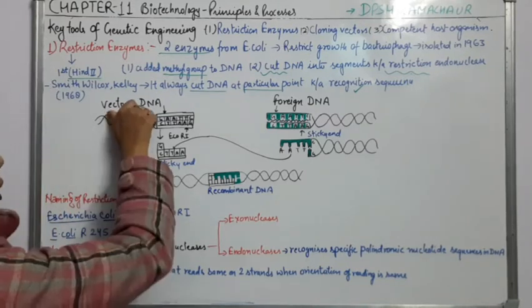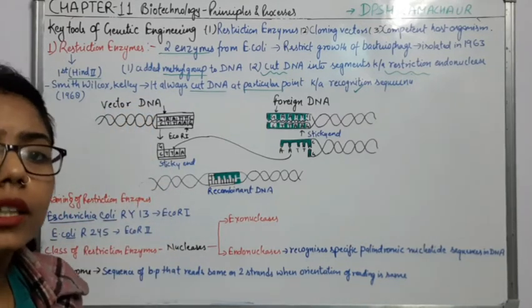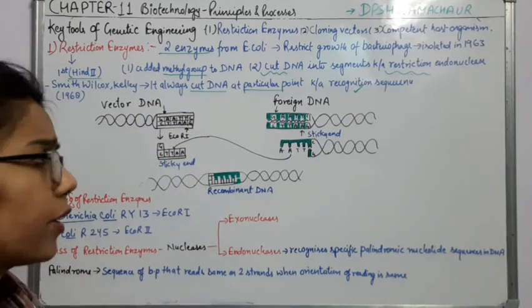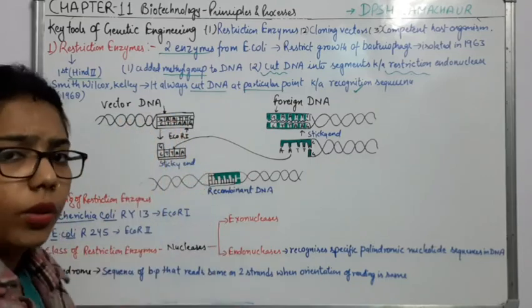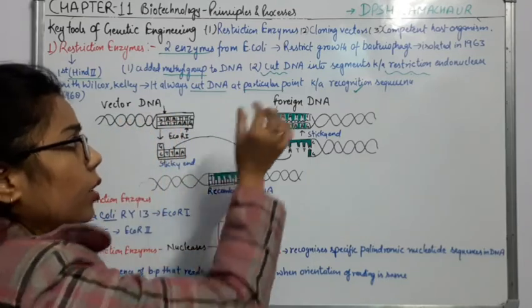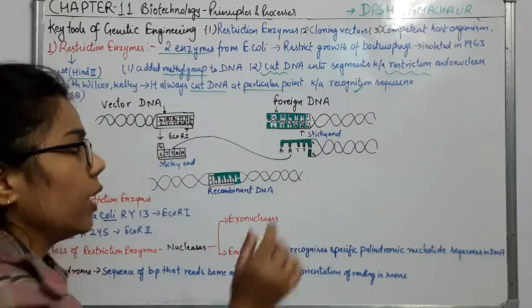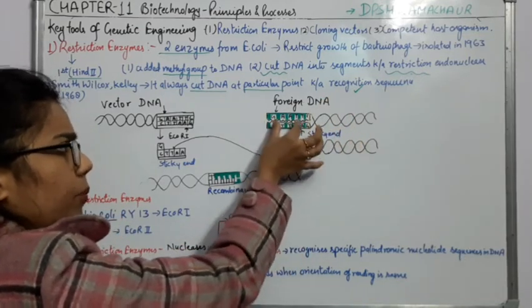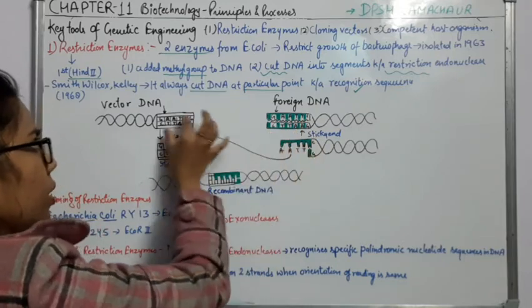For that we have the vector DNA, into which the gene of interest will move. If I have a foreign DNA, I have to take a specific part from this foreign DNA into the vector DNA.